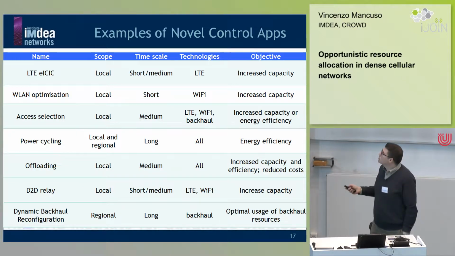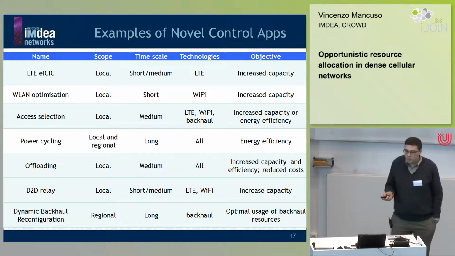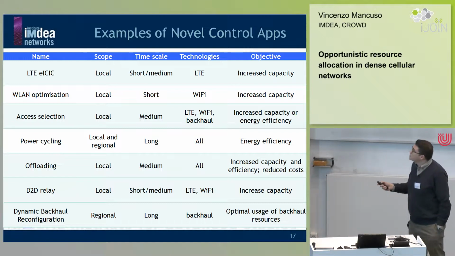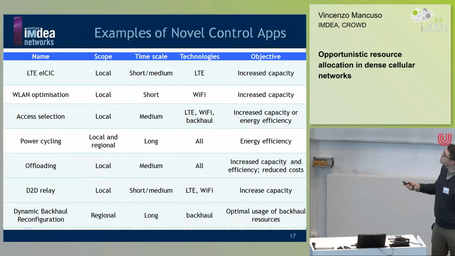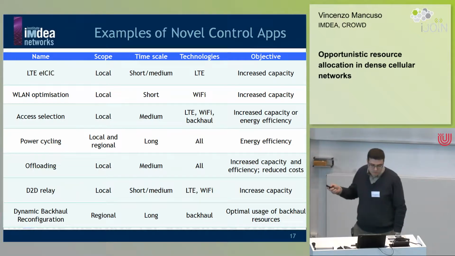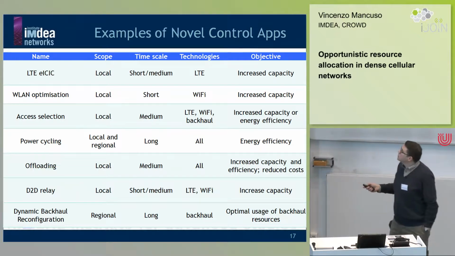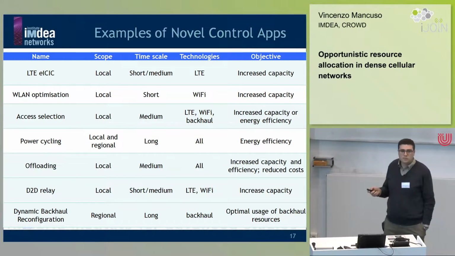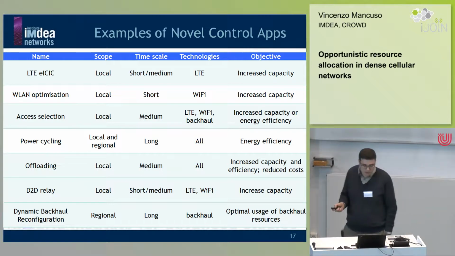There are a number of control applications that have been proposed in the project, and I'm going to discuss the first here, the enhanced intercell interference coordination control in LTE, but also D2D relay, opportunistic relay, or opportunistic offloading of the network, offloading from the point of view of traffic, not computation.